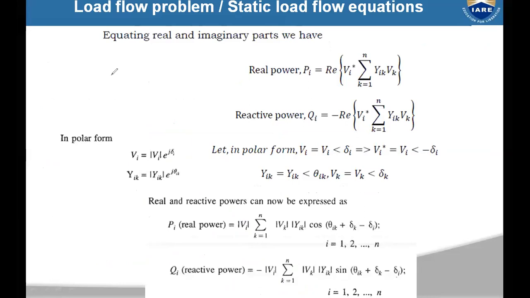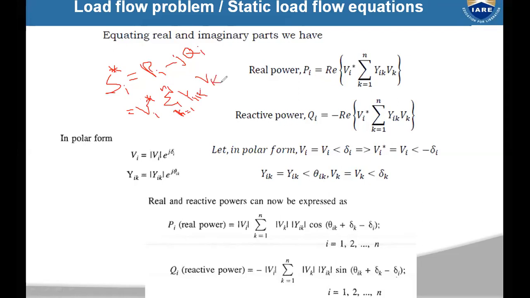So in the previous slide you have Si conjugate, which is equal to Pi minus jQi, which is equal to Vi conjugate into sigma k equal to 1 to n Yik Vk.